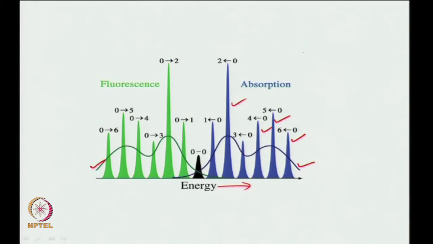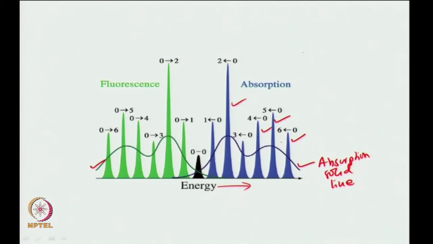First of all, see the way the solid line goes. If you are talking about this solid line, this is the absorption solid line, right. Where does it max? It max at 0 to 2, right. Then the next maximum is at about 0 to 5 or whatever. Okay. So, essentially guys, this is the absorption spectrum. So, if you were to take an absorption spectrum of this sample in any given solvent, this is how the absorption spectrum would look like, and what you can see is that you do not any longer see those vibrational structures.